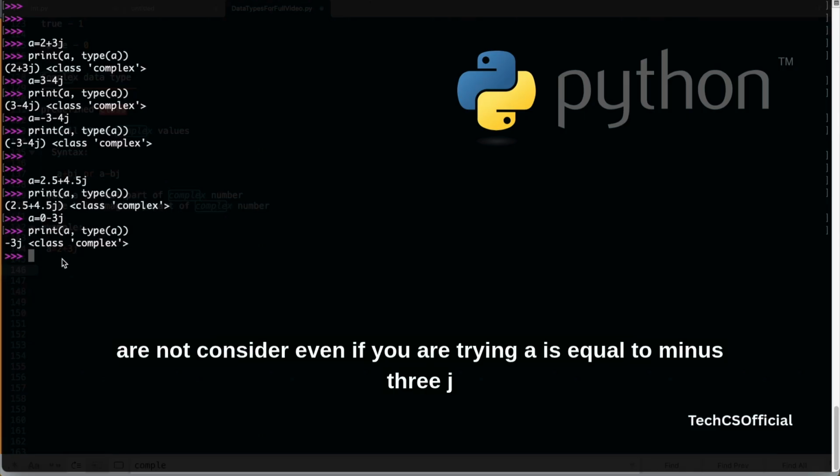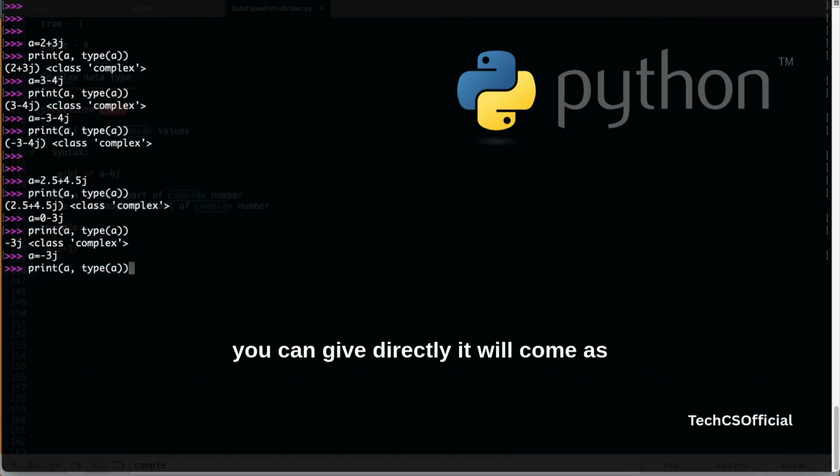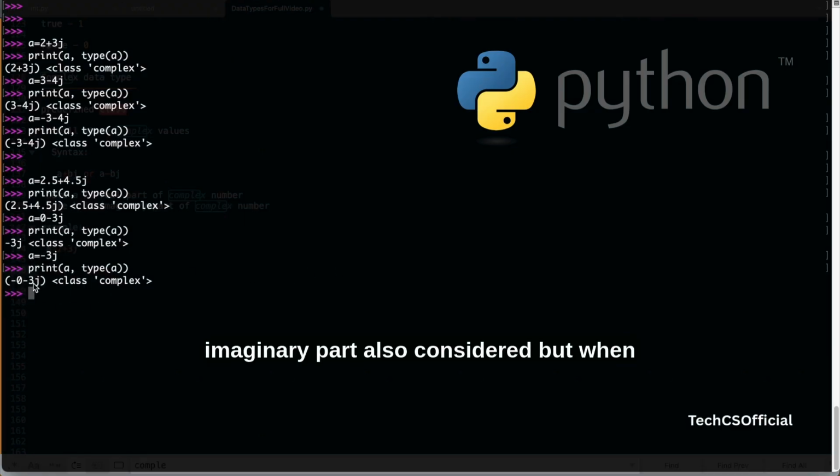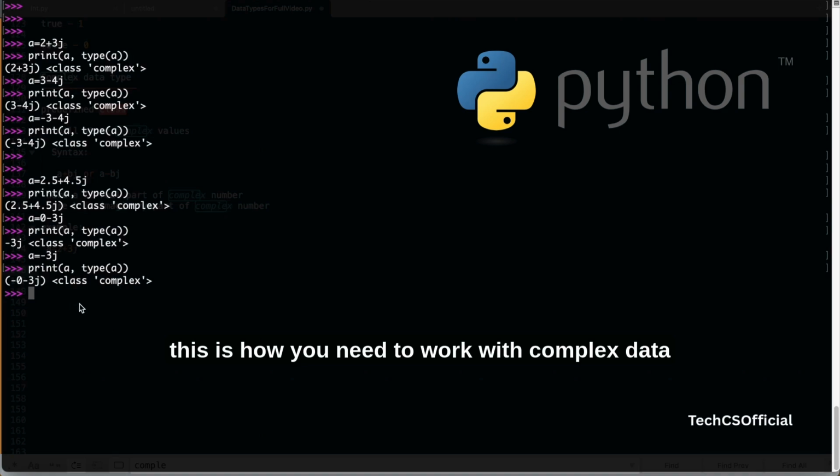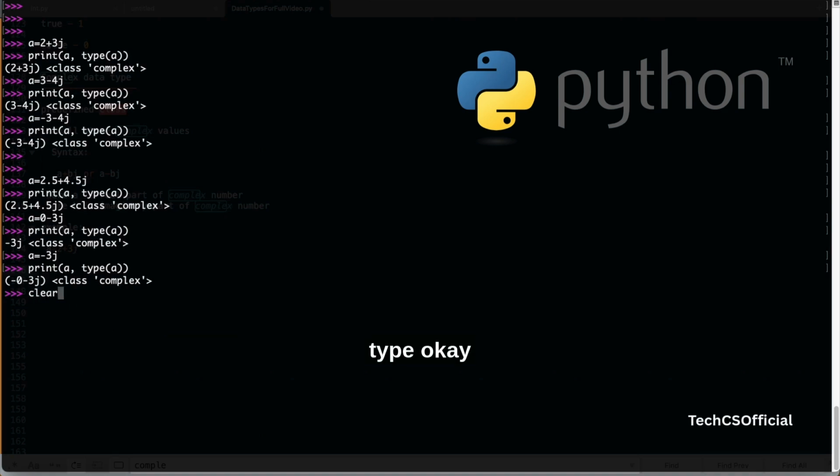Even if you try a is equal to minus 3j directly, it will come as minus 3j, because the real part is considered and the imaginary part is also considered, but when we mention that 0, it is not shown. So this is how you need to work with the complex data type.